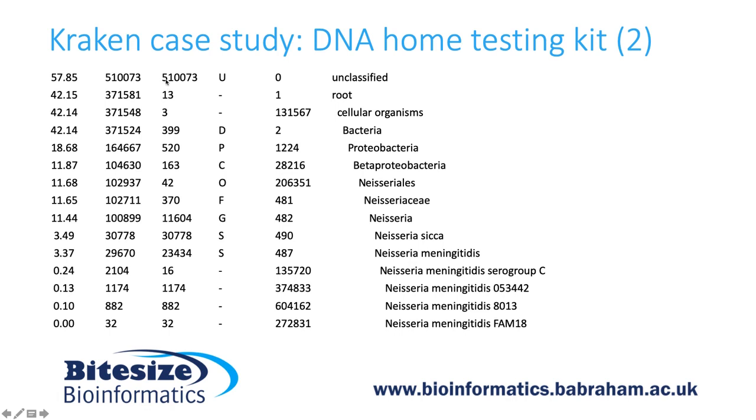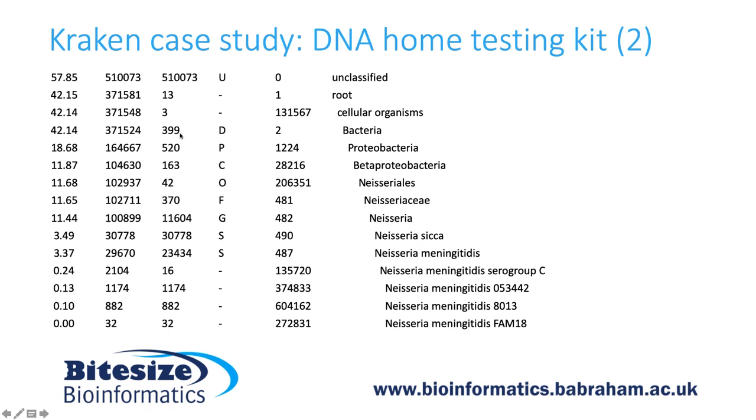So we have two columns of reads here. These refer to reads which were assigned at a particular level, and these refer to reads which were assigned directly at that particular level. So that's probably a little bit confusing. If we just look here, what we're seeing is bacteria. Okay, so we have a domain here, bacteria.